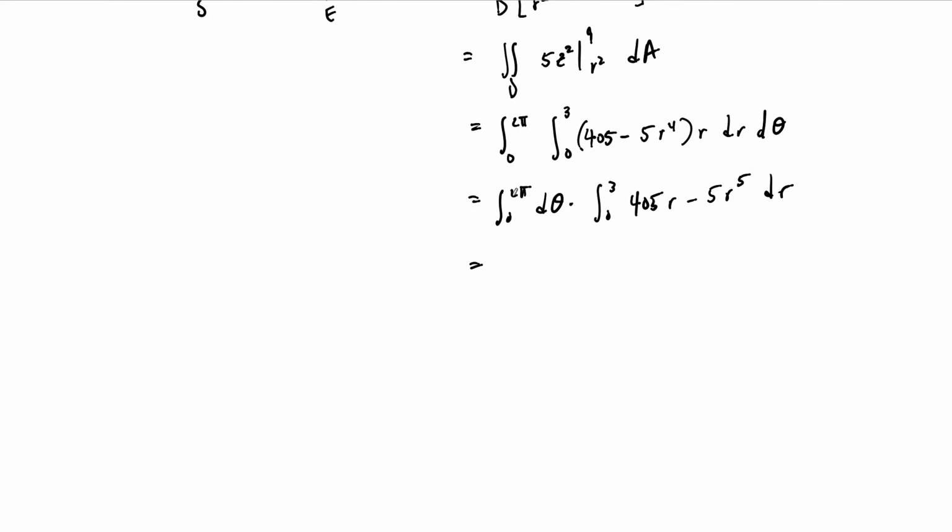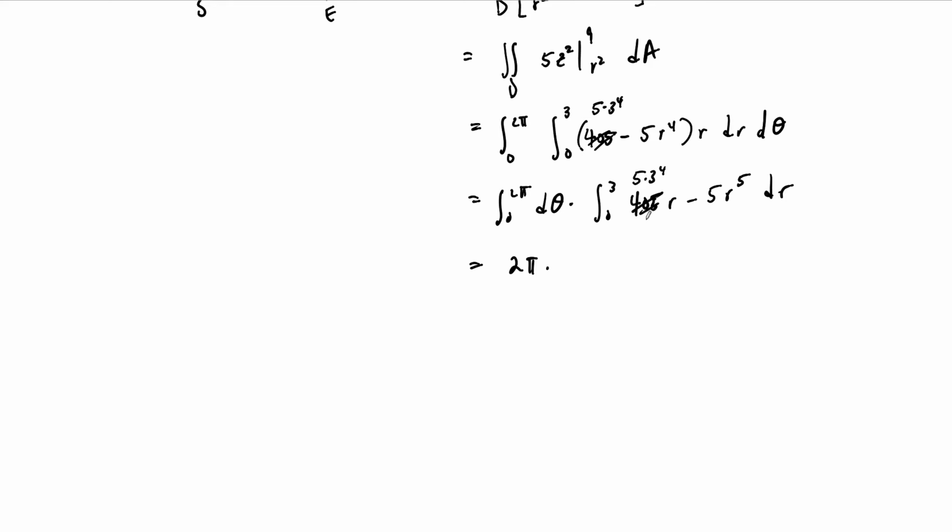And at this point, by the way, maybe we shouldn't have even called this 405. Let's go back and call this 5 times 3 to the 4th, right? Because look, we've got a 3 here. So 5 times 3 to the 4th. It's going to help us out. So as we continue here, what do we have? 2 pi times, take the antiderivatives here.